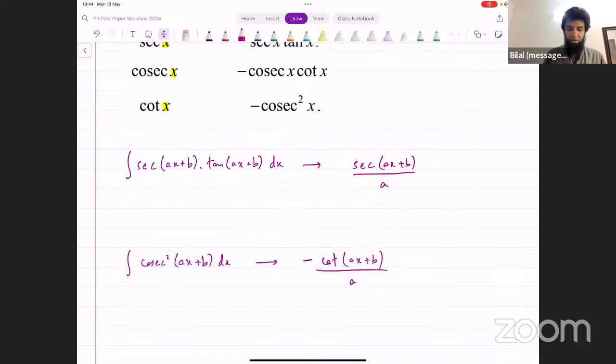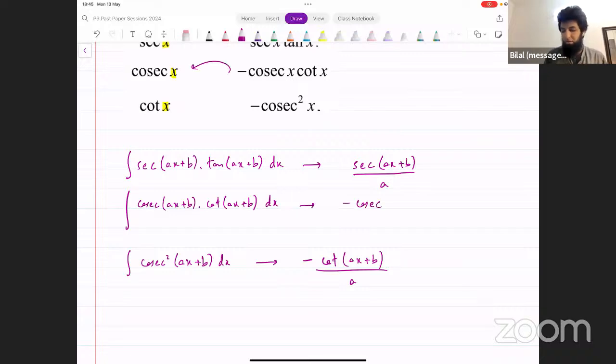And similarly, the rule for cosecant into cot becomes cosecant of ax plus b into cot of ax plus b. Integration of this is going to be given by minus cosecant of ax plus b divided by a.